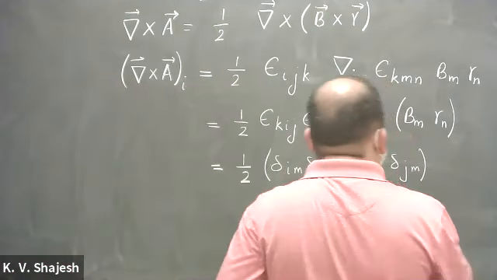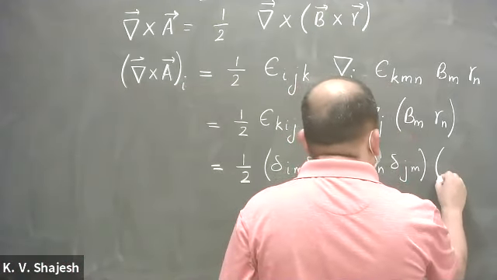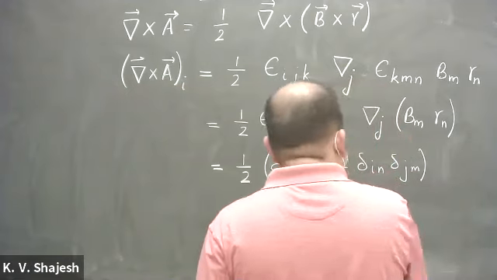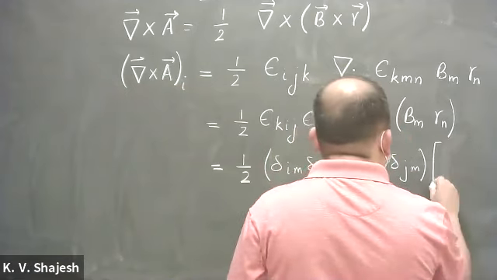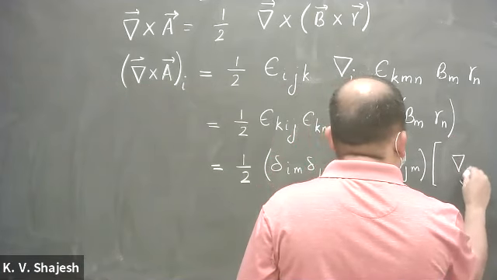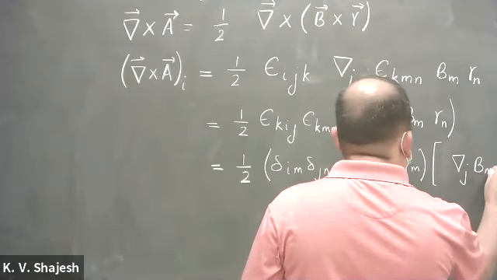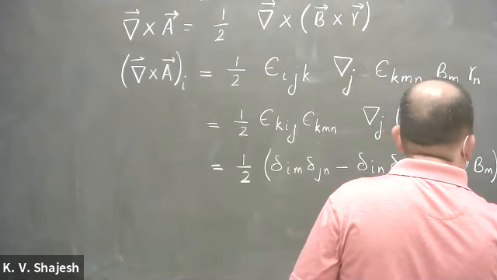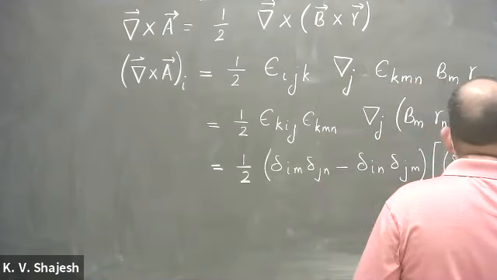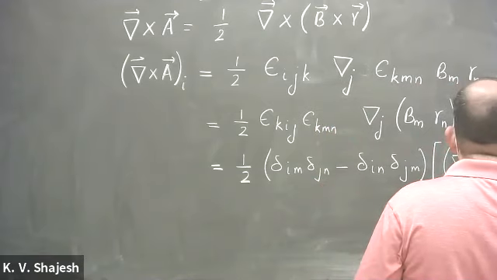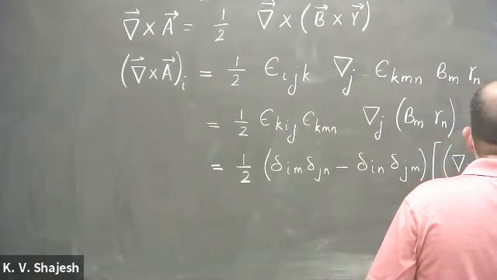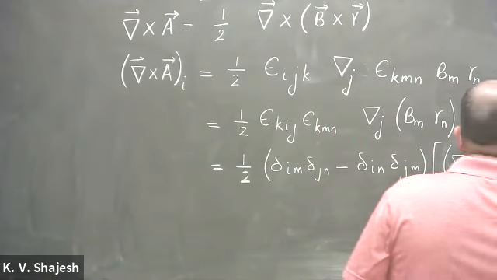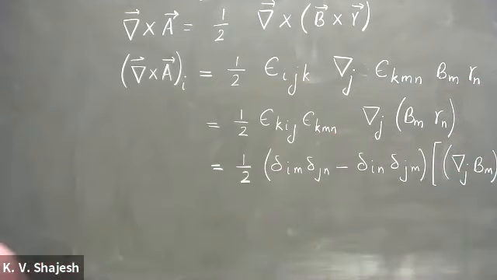And this also distributes, but let me first do the distribution. del j of B m R n, plus B m del j R n. Okay.